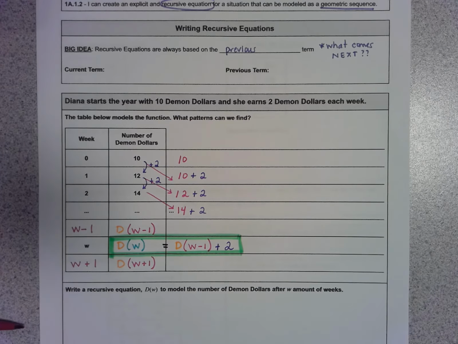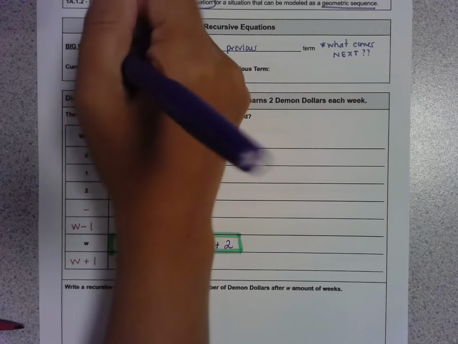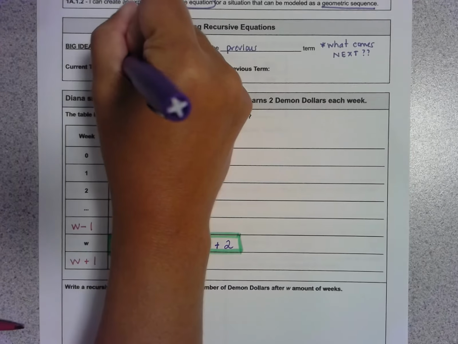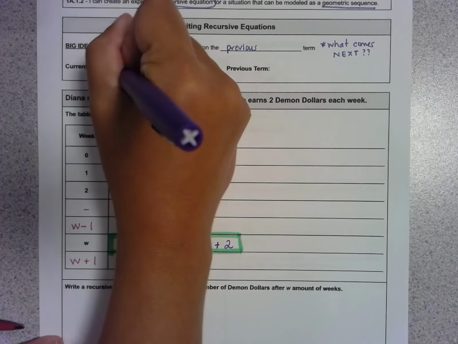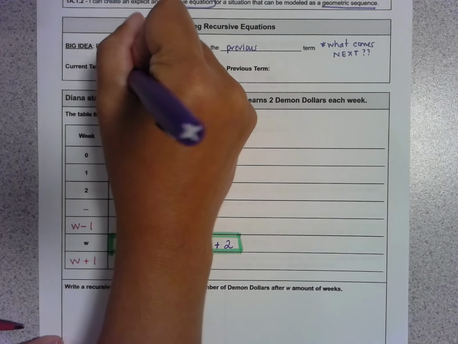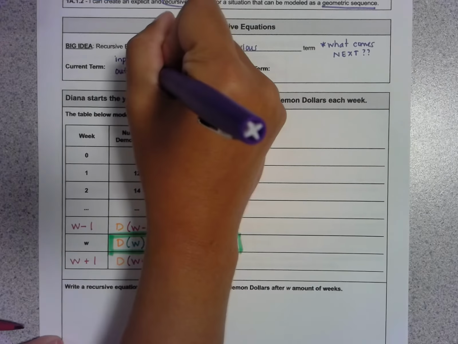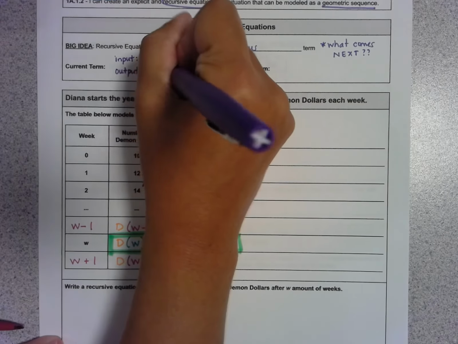Here's some of the notation you need to know. When we're talking about the current term, so what we're interested in right now, we would say that the input would be x and the output would be f of x.